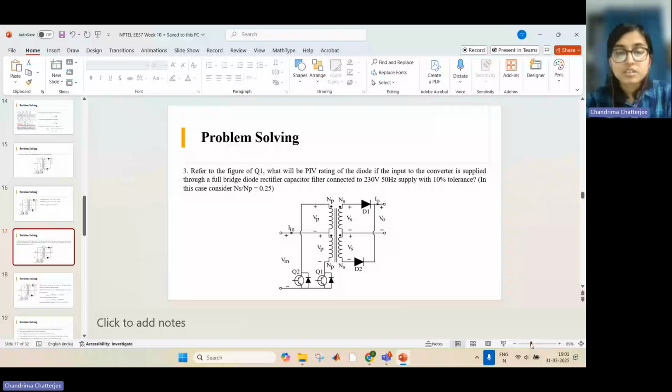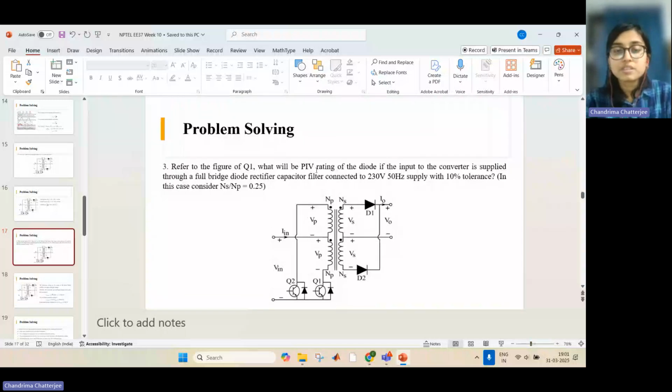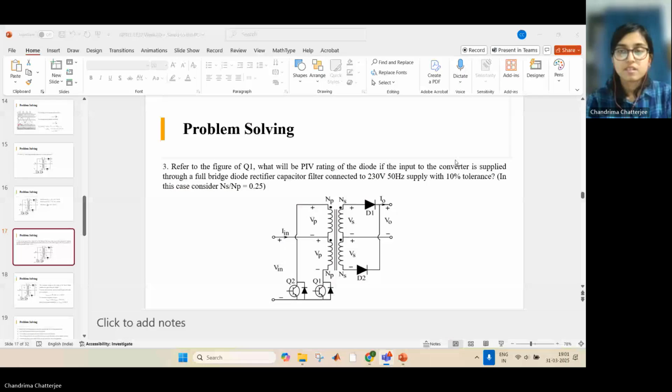Refer to figure of Q1. What will be the peak inverse voltage rating of the diode if the input to the converter is supplied through a full bridge diode rectifier with capacitor filter connected to a 230 volt 50 hertz supply with 10% tolerance? They have asked for the peak inverse voltage rating of these two diodes D1 and D2.